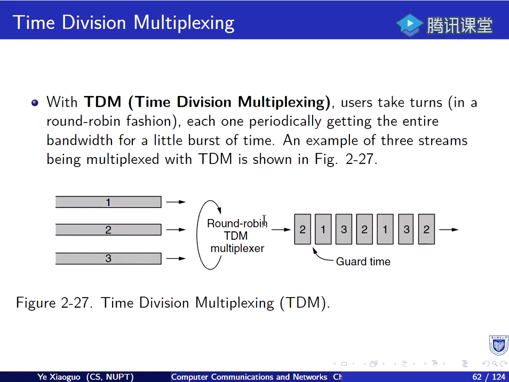The second scheme is time division multiplexing. With TDM, users take turns in a round-robin fashion, each one periodically getting the entire bandwidth for a little burst of time. An example of TDM is shown in this figure.